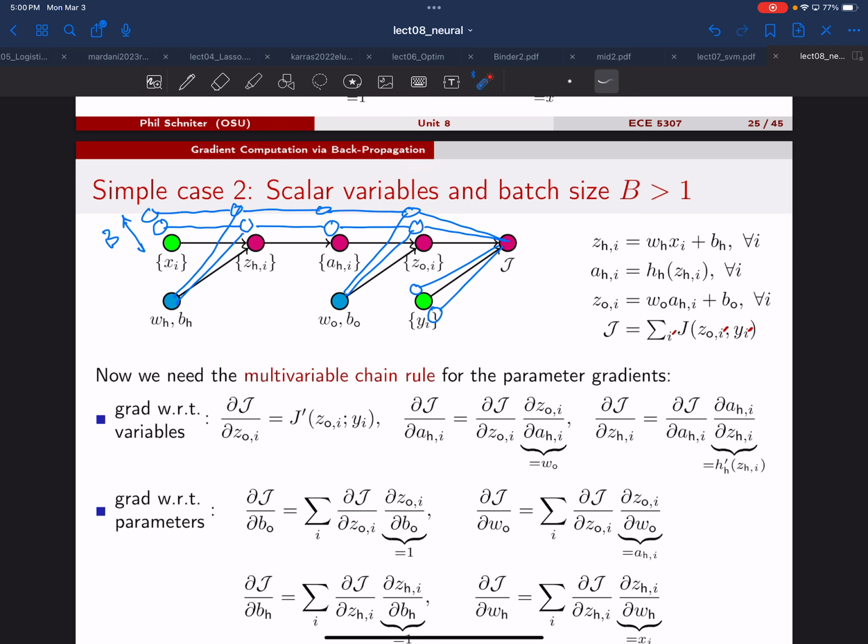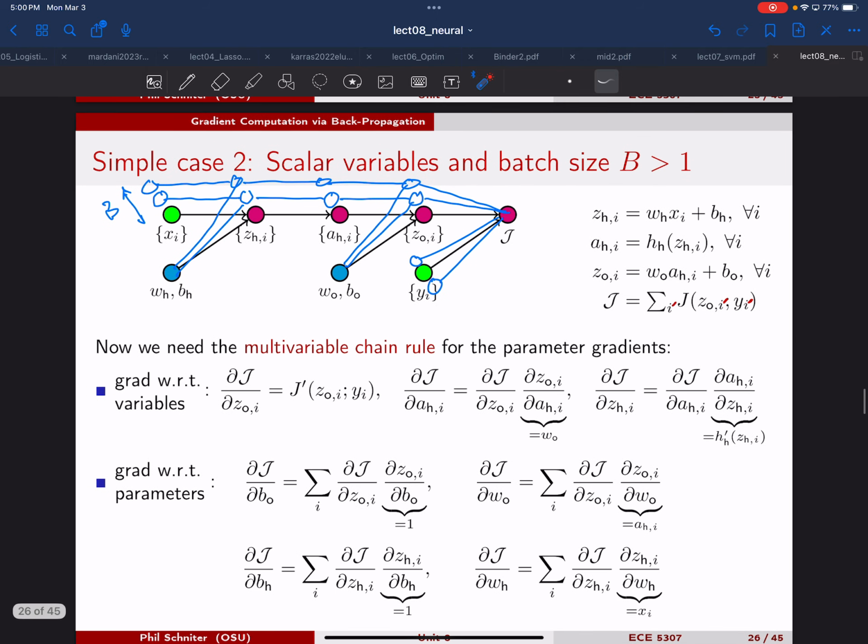Like that. So we have the multivariable chain rule down here. Okay, so what questions do you have on this? Is it making sense, more or less? Okay.